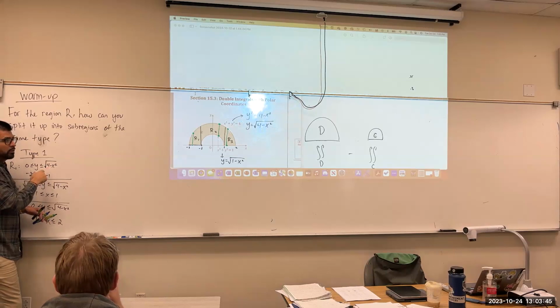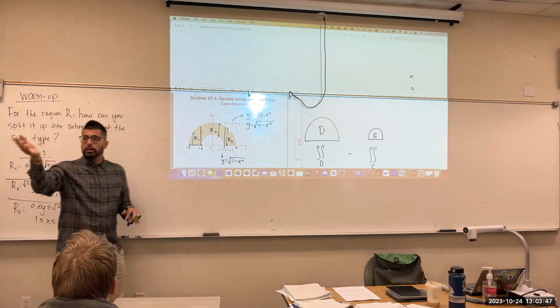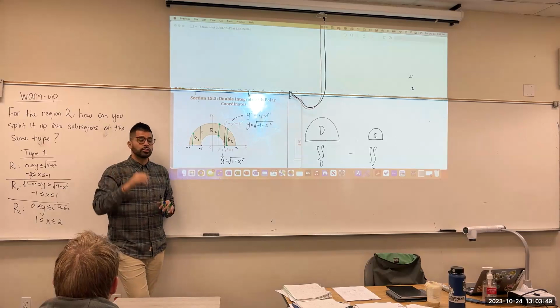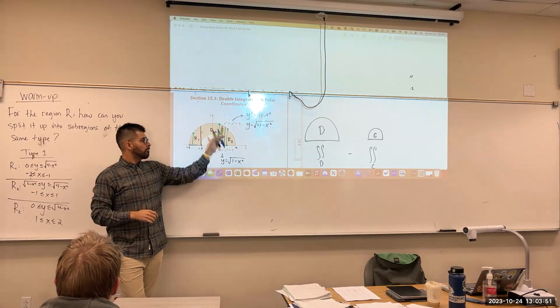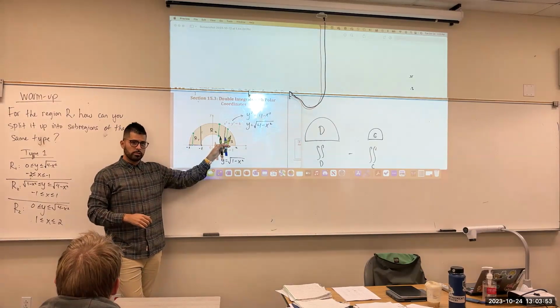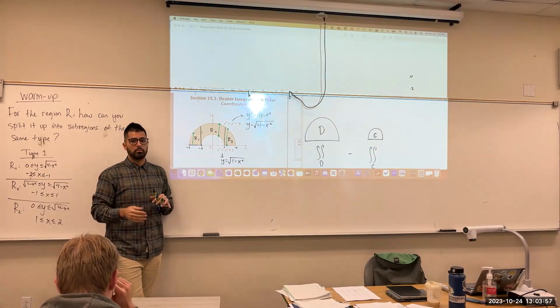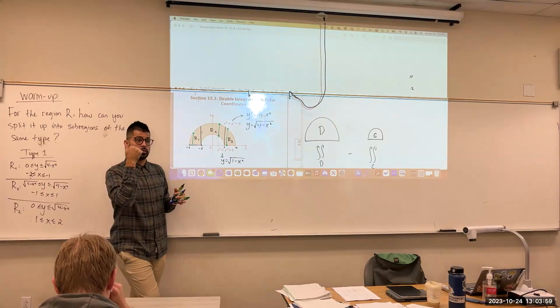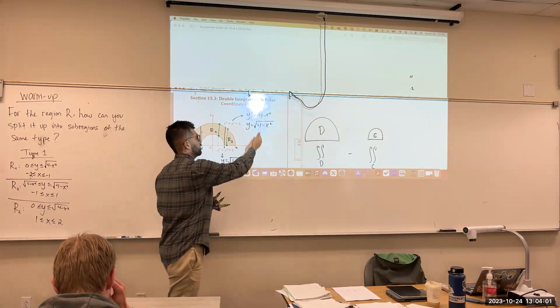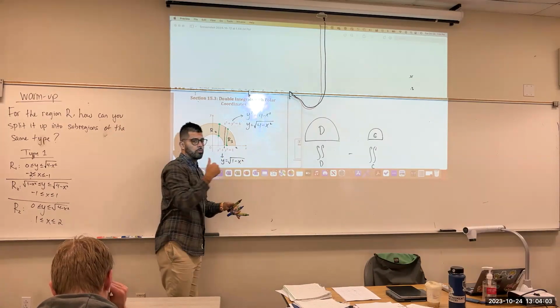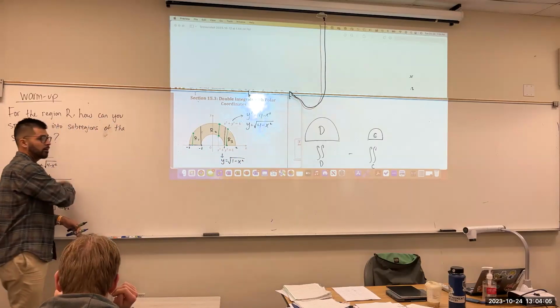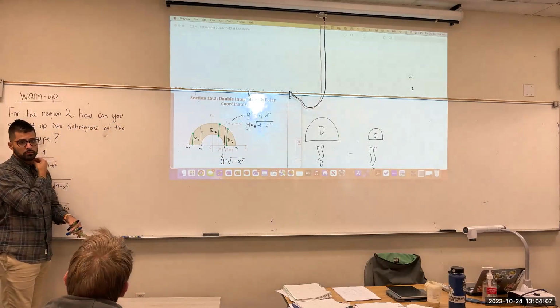So the point of today's section with polar coordinates is whenever I have circular regions, my integrals in x and y coordinates can get pretty complicated, either because the functions are complicated, or because I have to do all this breaking down of regions to make it work.